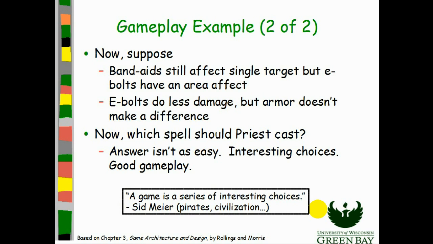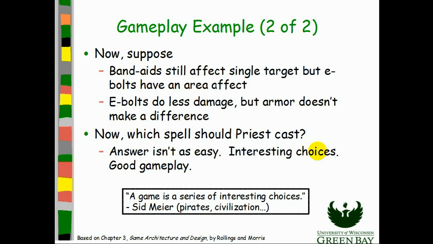But what if the Band-Aids still had to affect a single target and E-bolts had a different area of effect? So E-bolts would do less damage, but the armor doesn't make a difference. Now, suddenly, the spell that the priest should cast isn't obvious. It makes a series of interesting choices. So again, Band-Aids are going to have a single target, but E-bolts have an area of effect.